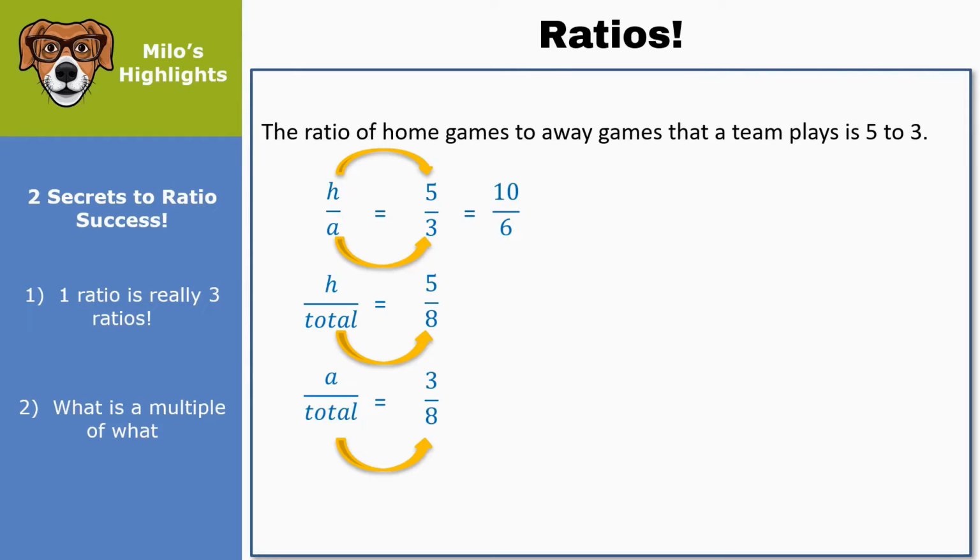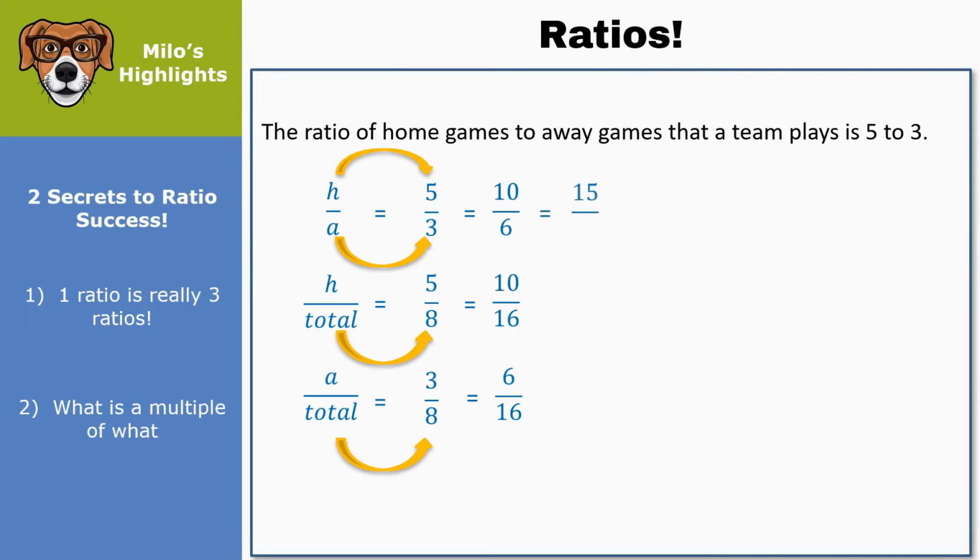And if they did indeed play 10 home games and 6 away games, then the total number of games they played must have been 16. Notice that the total also gets multiplied by 2, and the other two ratios become 10/16 and 6/16. Home is still a multiple of 5, away is a multiple of 3, and total is a multiple of 8.